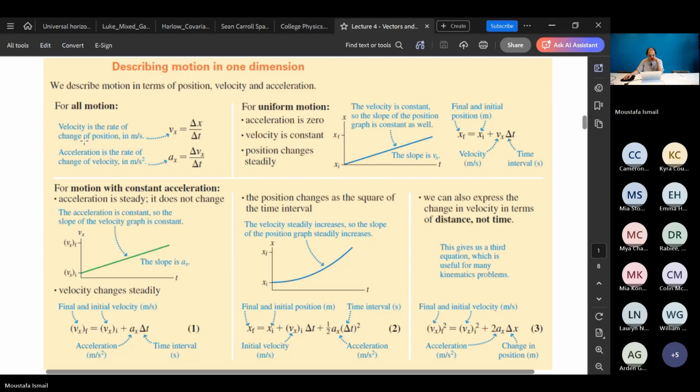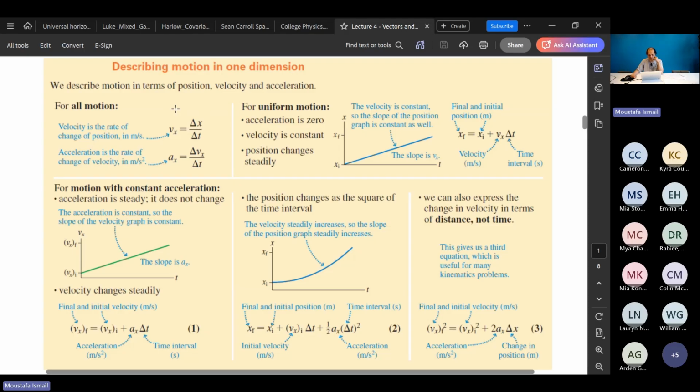So for all motion, the definition of average velocity was the change in position divided by the change in time, so displacement over elapsed time. Here, the subscript x just denotes that motion is along the x direction.